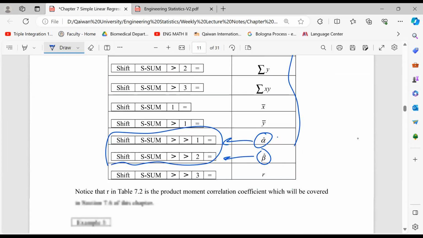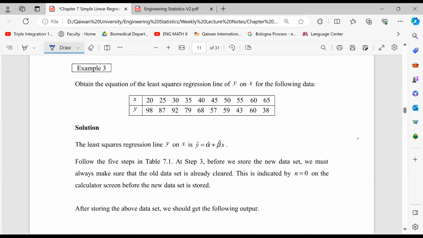But here I prefer to solve it by hand, because during the final exam you may be asked to do it by hand rather than using calculators to get the final result.